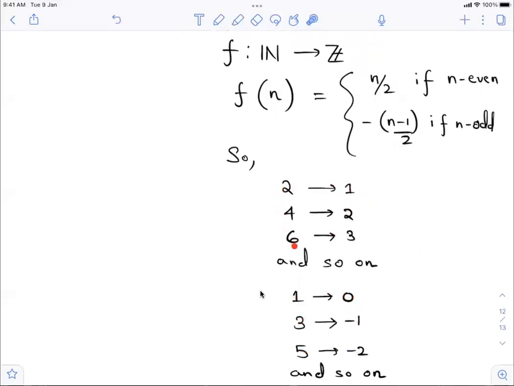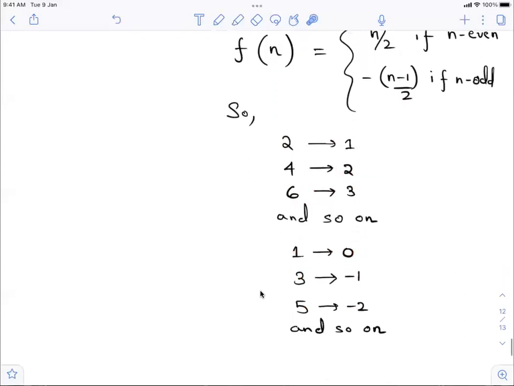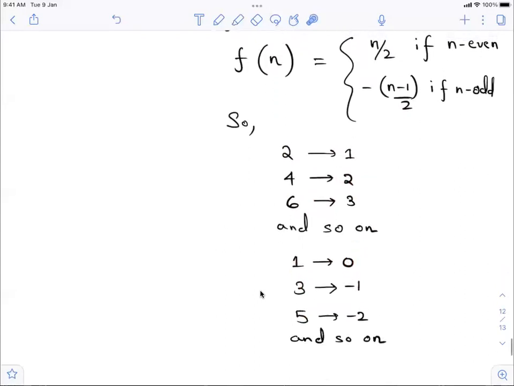See, all the even natural numbers are mapped to positive integers 1, 2, 3, 4, and so on, and odd natural numbers are mapped to 0, minus 1, minus 2, all the non-positive integers. And clearly you can see that this map is also a bijection. From this distribution it is pretty clear, and if you want, you can make things more rigorous.